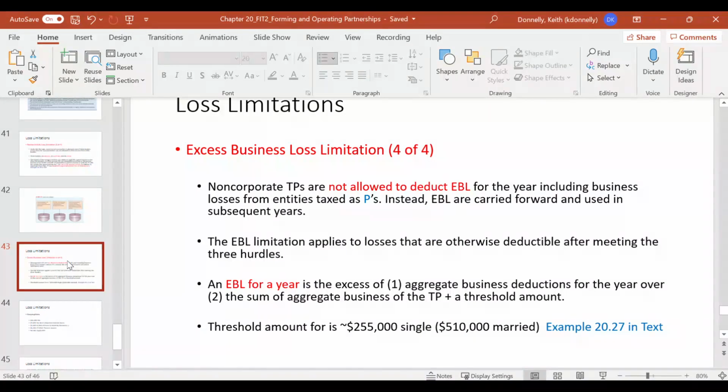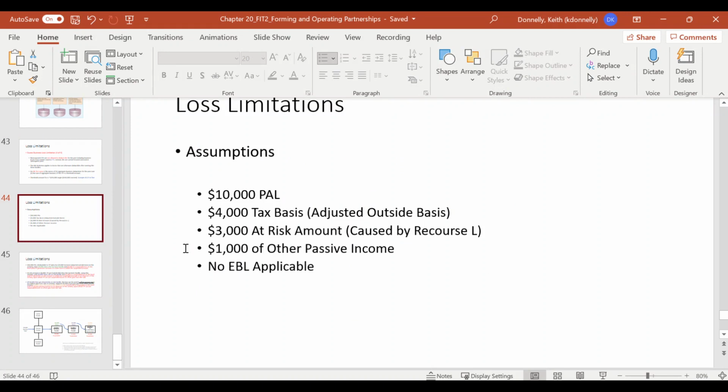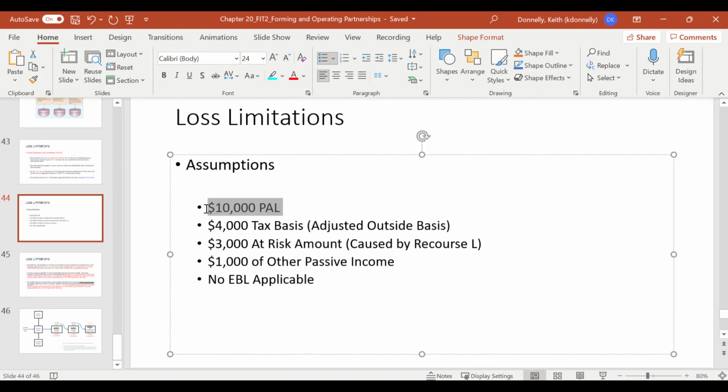Not as concerned about that fourth one there, but I know this has been kind of vague, so let's give this some numbers, right? Let's say we have a $10,000 passive activity loss. Let's say that fourth hoop isn't in play here. And when we look at the activity itself in question, let's just say it's a K1 from a partnership. We're not actively participating in this.